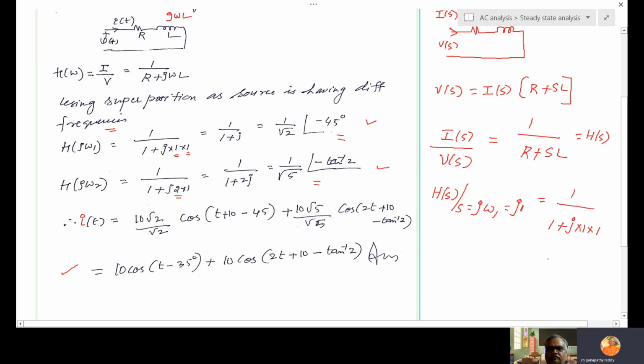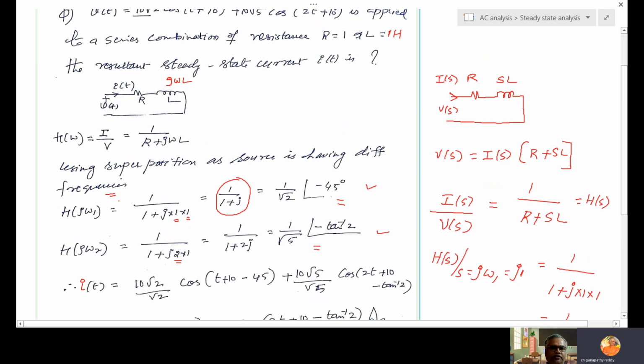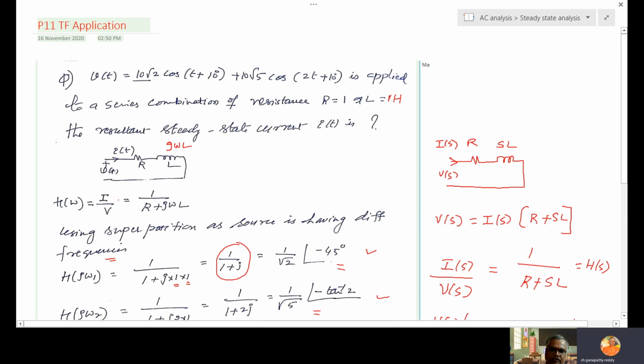L value is also 1. So 1 by 1 plus j only. Same thing here, 1 by 1 plus j. So like that also you can do it. You can do it in the omega domain or the S domain. Both are the same. But what is important is to use the superposition principle. That generalized problem, that model, is very, very important. We are solving many problems based on that only.